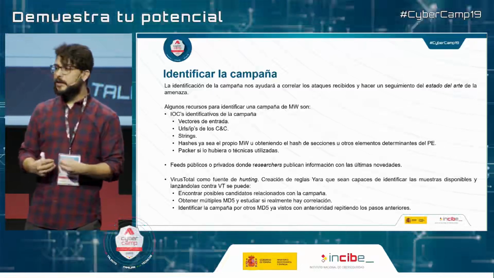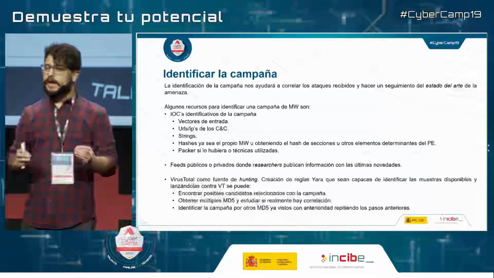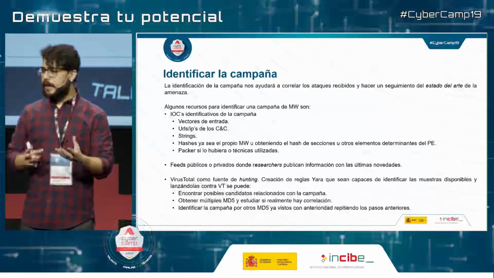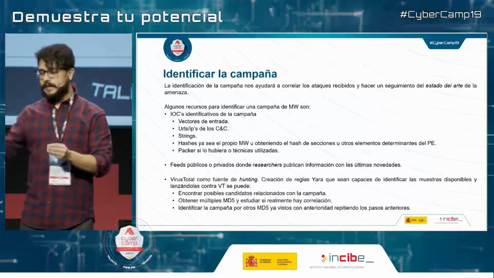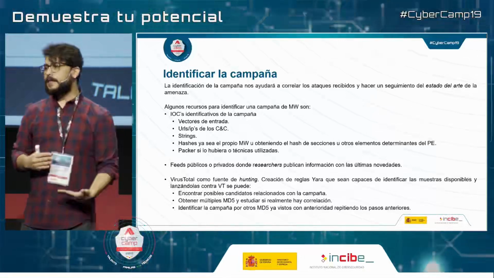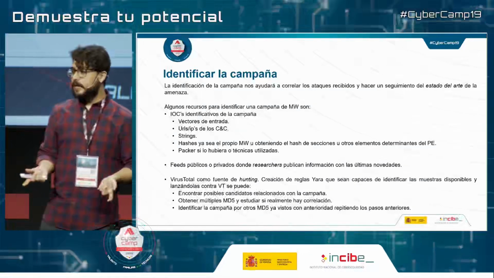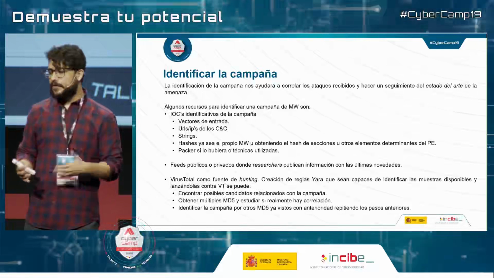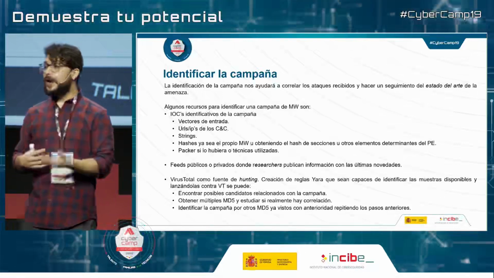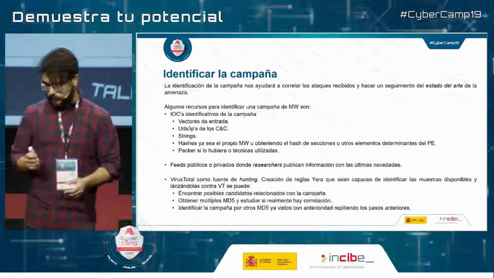Why? Because I wanted to identify that sample. I wanted to be able to know that everything that is arriving and that's linked to that sample is kept by me, and I can get more strings from that in order to strengthen my security systems and to act in a more proactive way instead of a reactive way.